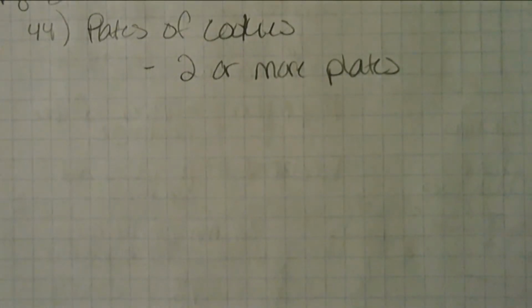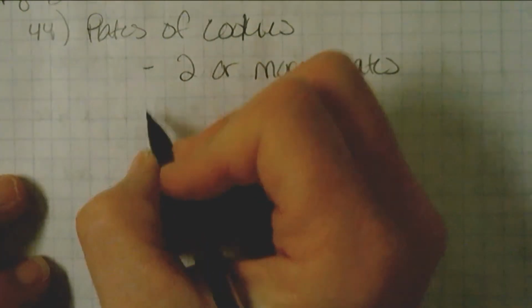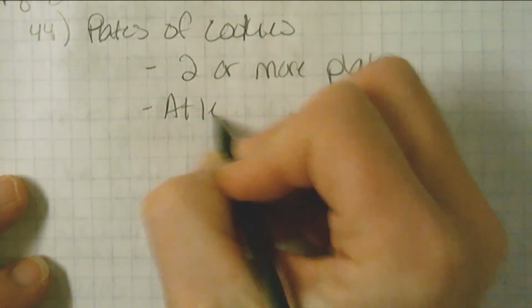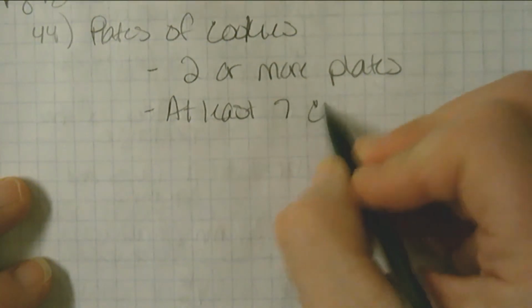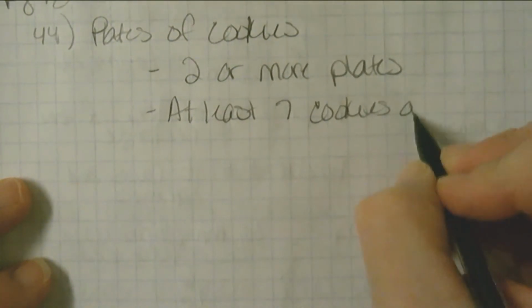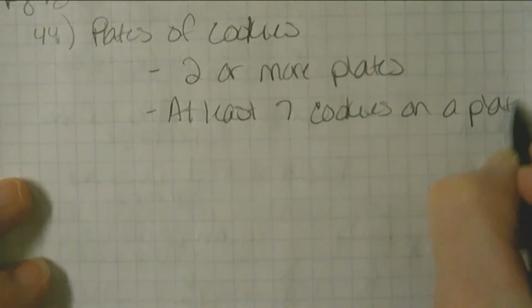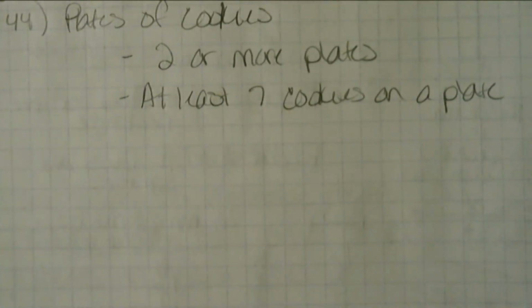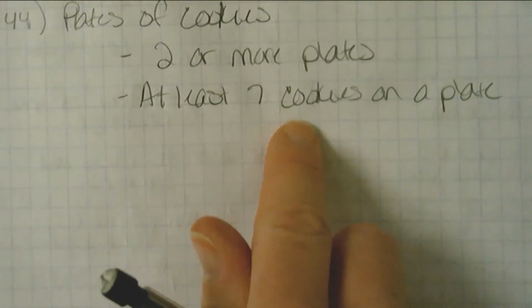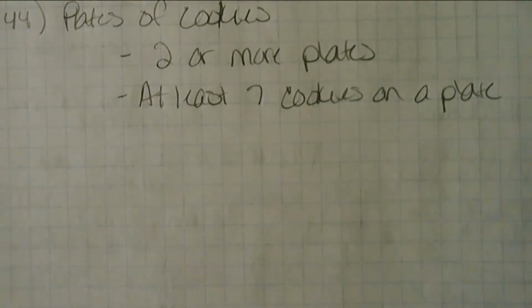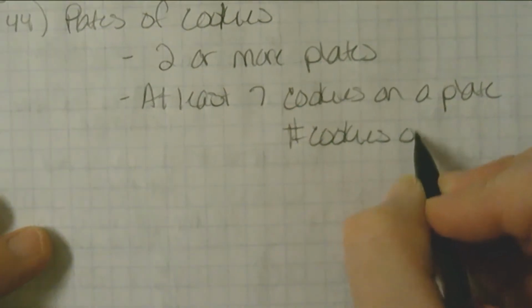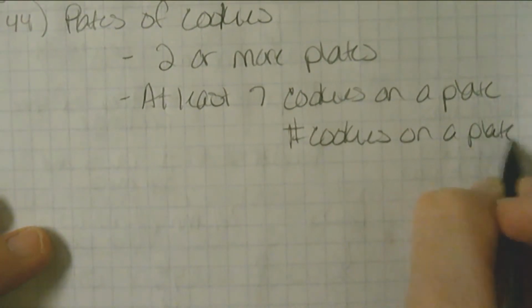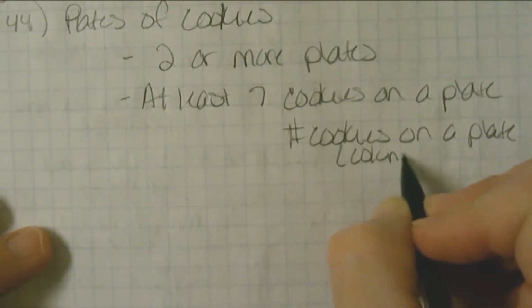And then they tell us that we want at least 7 cookies on a plate. Since we want at least a certain number of cookies on a plate, our number of cookies on a plate, that is our columns.